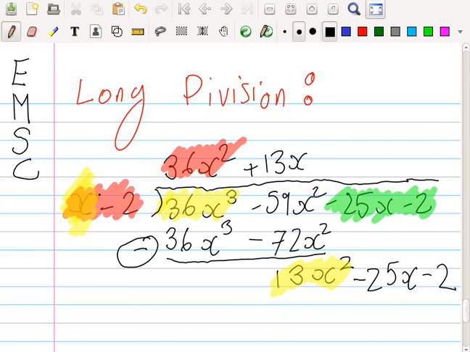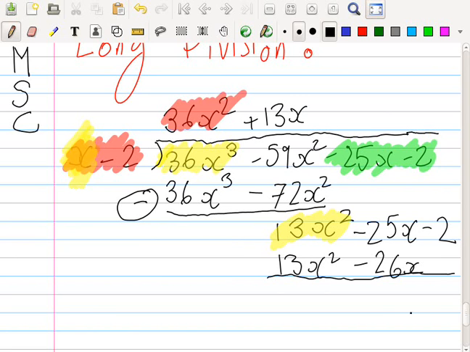So 13x times x is 13x squared. 13x by 2 is minus 26x. So that's the multiplying done. Now we subtract. 0 again, and then minus 25 minus 26 is 1. So 1x.